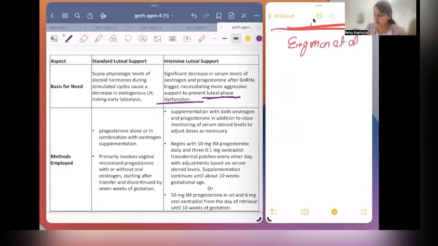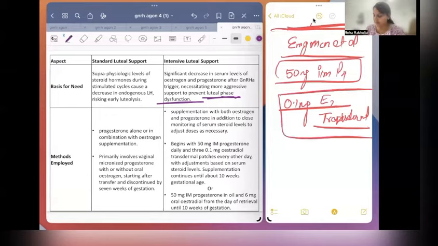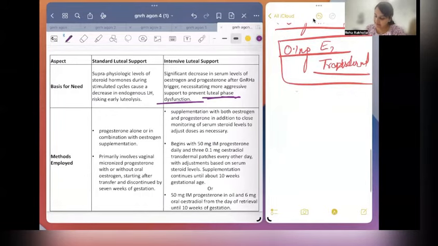Engman et al. said to give 50 milligram of IM progesterone and 0.1 milligram of transdermal estradiol, 3 patches, on alternate days.